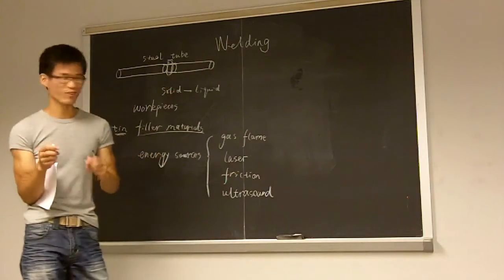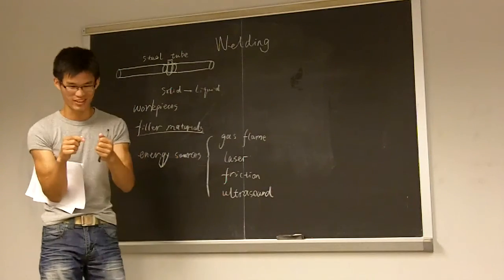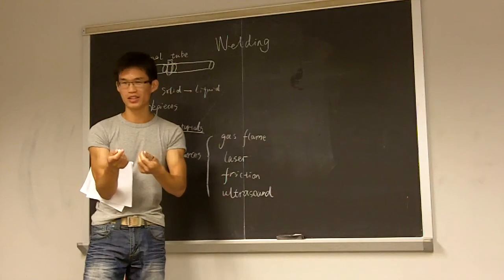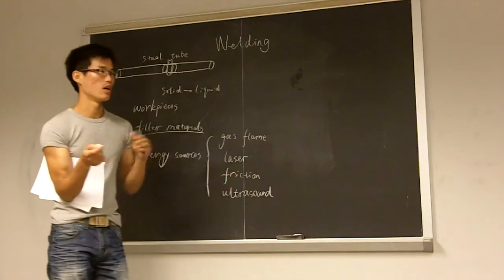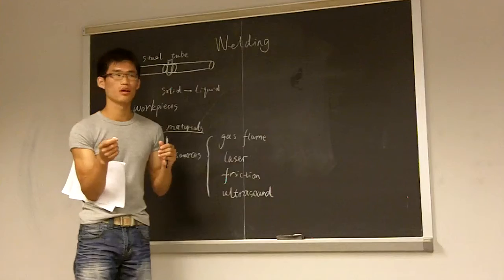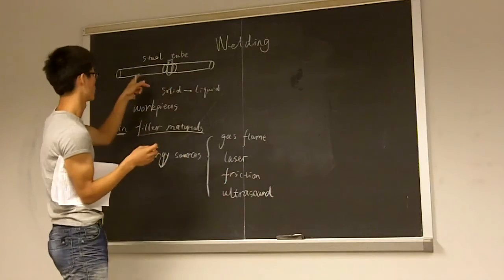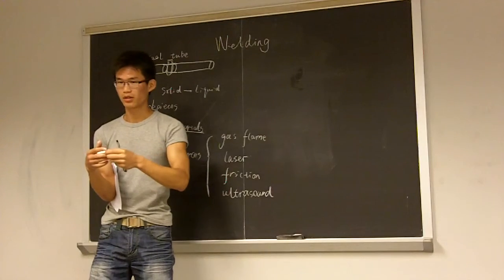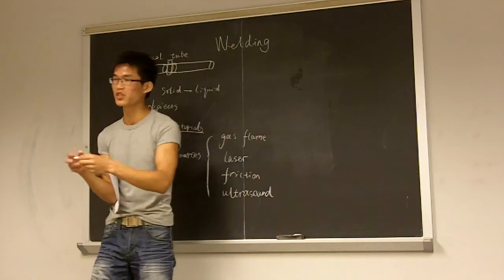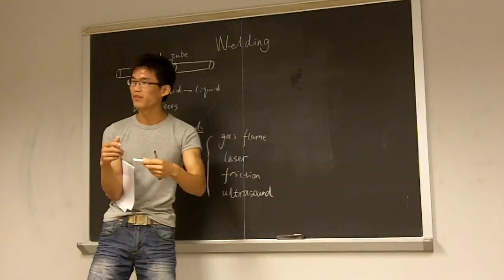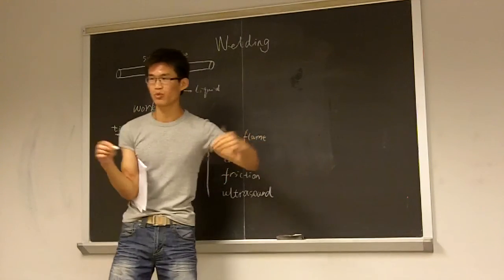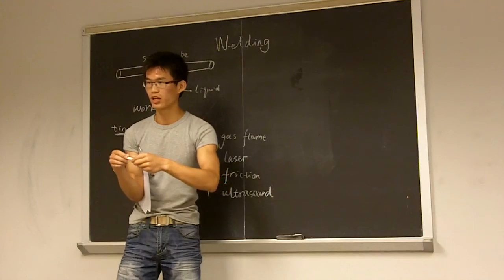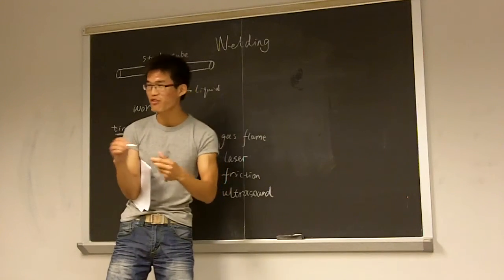Yeah, we just say friction, but we don't use our hands to hold and rub them. The speed is not enough. We usually use two steel tubes, one fixed on a rotating engine, and the other on another. First we speed them up to rotate very fast.